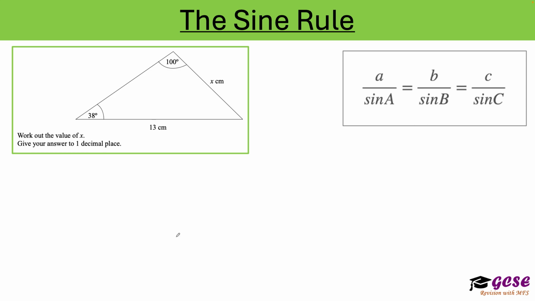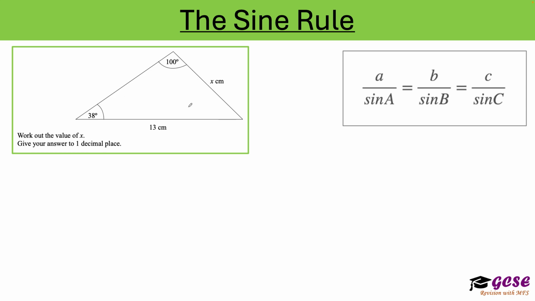Okay, now first of all I'm going to get straight into an exam question and how we can tackle it. So with the sine rule we can't apply normal trigonometry to it. How would we use SOHCAHTOA? That only applies to right angle triangles. However, in this case, there is no right angle, therefore we cannot apply SOHCAHTOA.